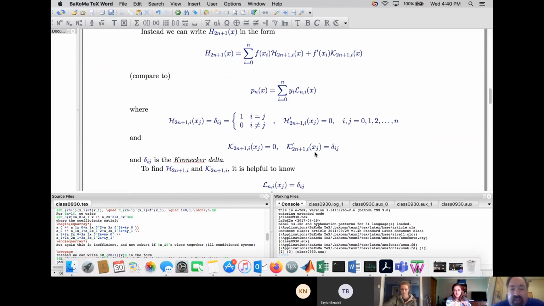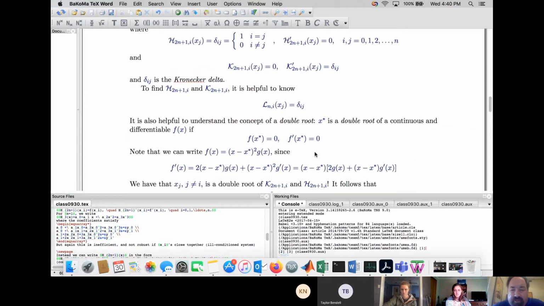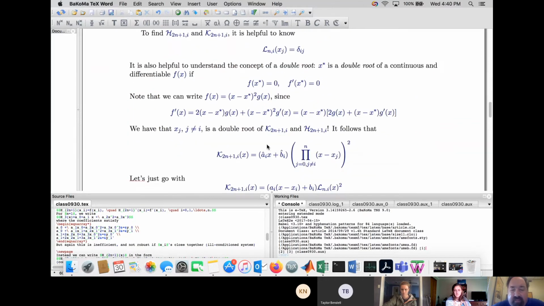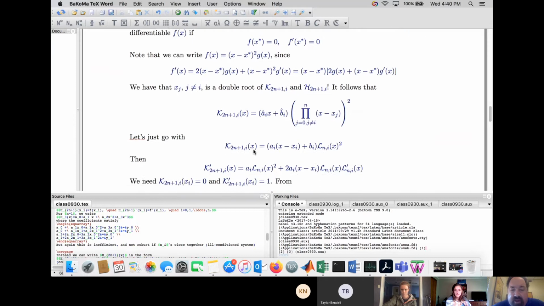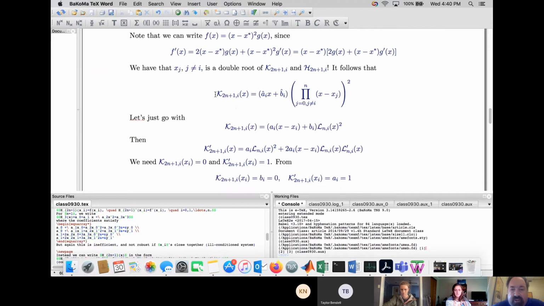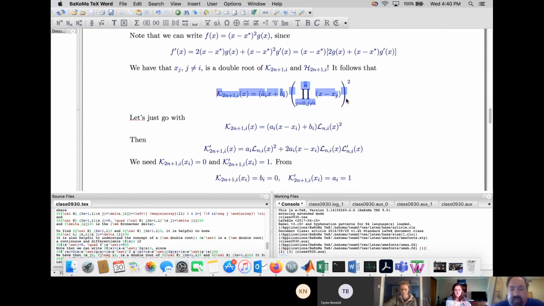And how those were found, again, this is just a quick recap to get it on the record: both families of polynomials can be expressed in this kind of form, because each one, the ith polynomial, is equal to 0 at all the other x's, and its derivative is 0 at all the other x's. So in other words, xj is a double root. That's why we have the factor (x minus xj) squared.